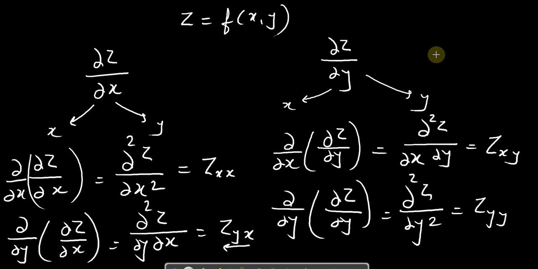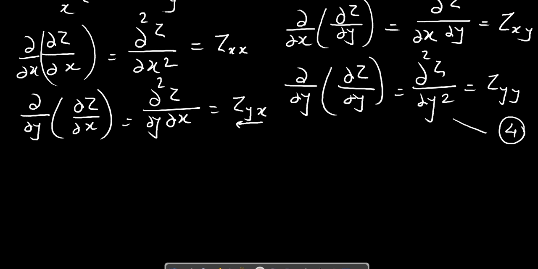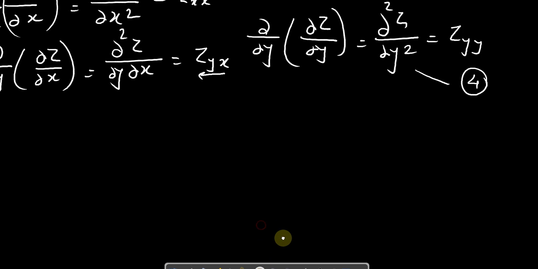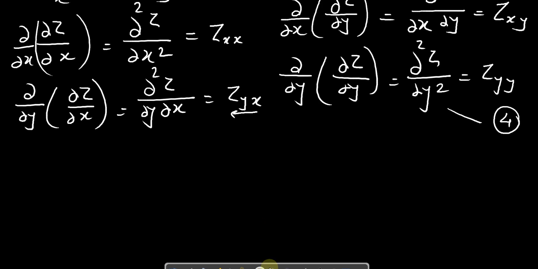So first order derivatives are 2, second order derivatives are 4. But actually these are not 4 derivatives, these are 3 derivatives. Let's see why. Because by the commutative property, these 2 derivatives are going to be the same.